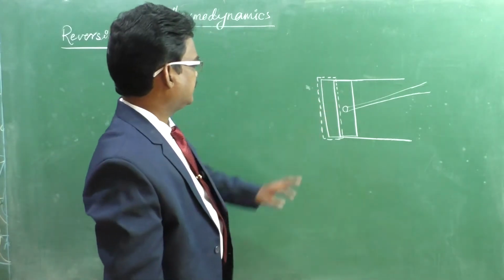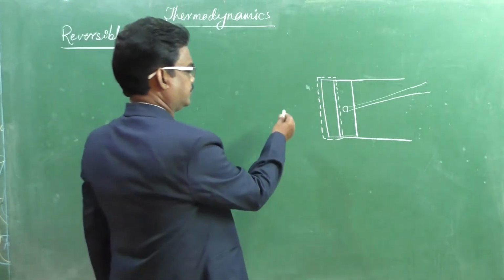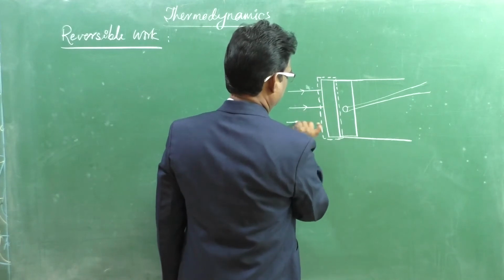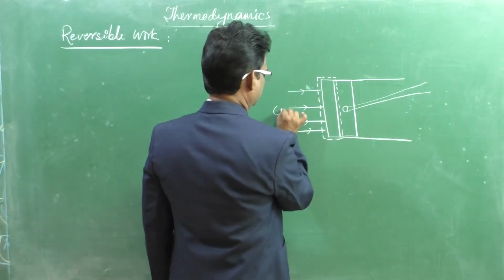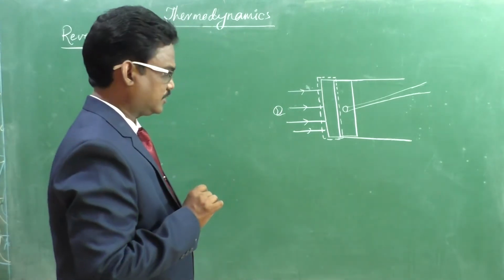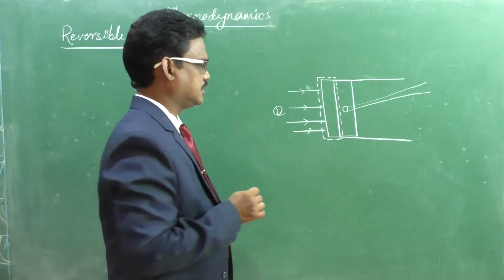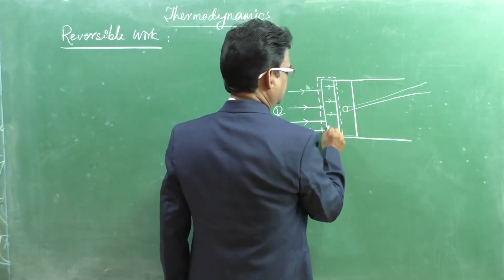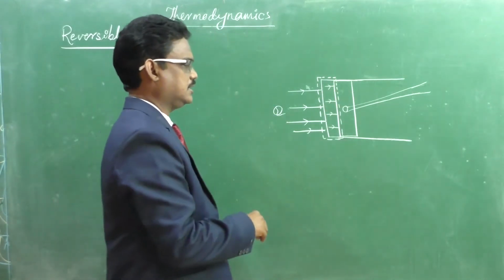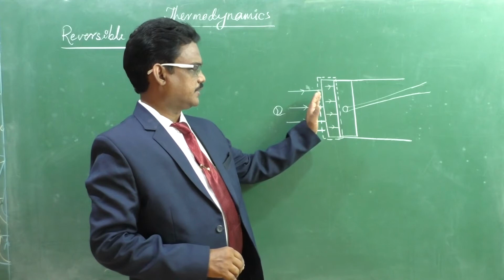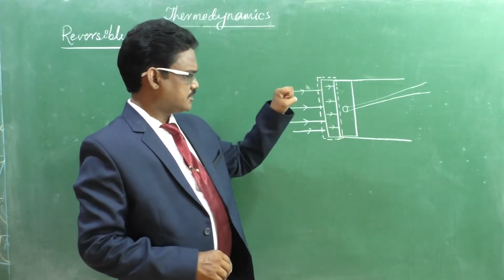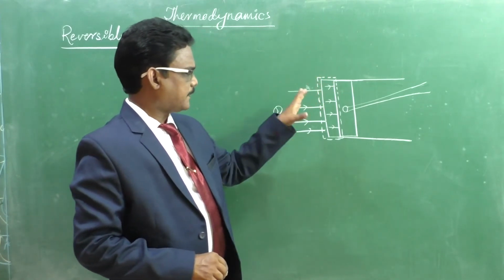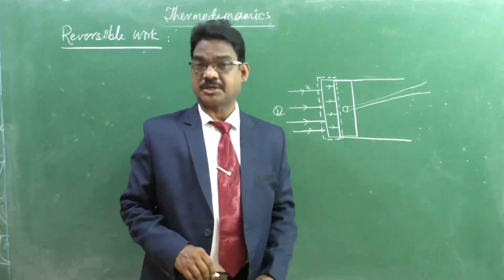Now we will consider Q amount of heat energy supplied to the air inside. Due to the given heat energy, the air inside tends to expand, and once it expands, it applies pressure P over the piston crown.